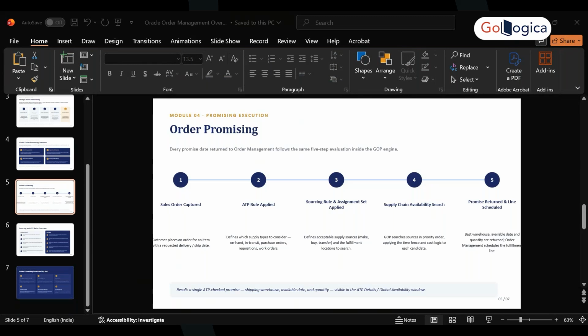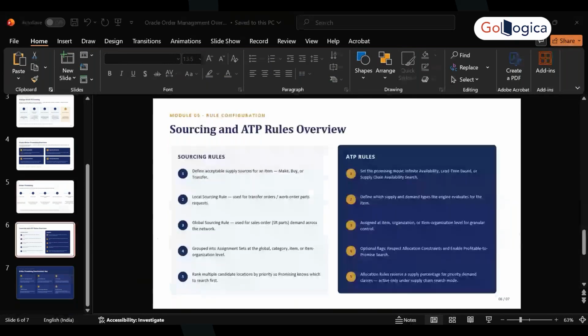Sourcing and ATP rules overview, that is rules configuration. In the previous module, we have seen how Oracle global order promising evaluates a sales order and returns a confirmed delivery date. Now the question is, where does Oracle get all the information required to make that decision?